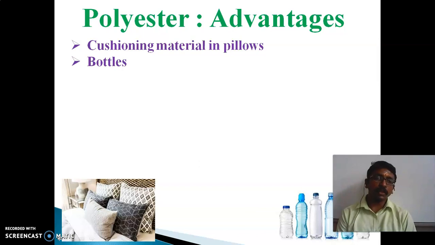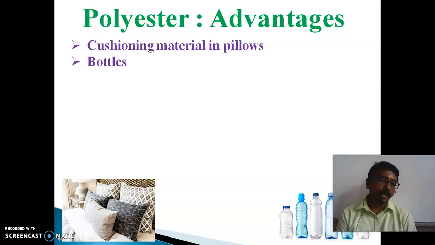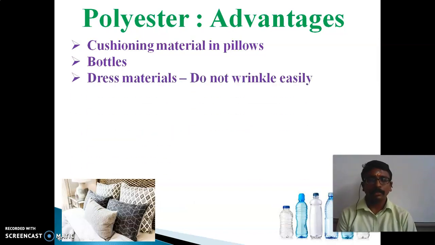We can use these water bottles for drinking, for storing water, and storing some oils, etc. With the help of polyester, we can also synthesize dress materials. The dress materials do not wrinkle easily. So it is the main advantage of polyester. It does not wrinkle easily.